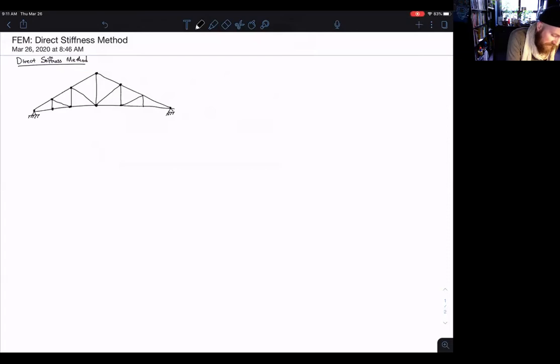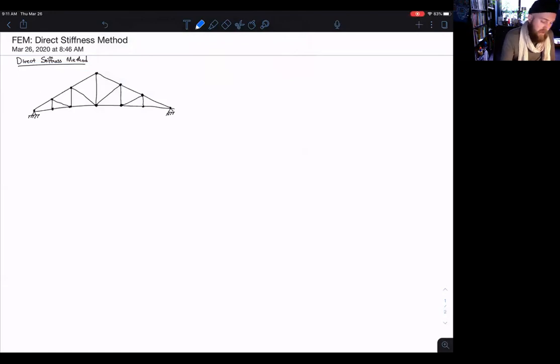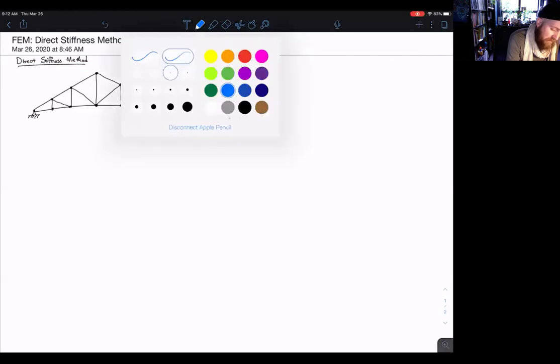And to translate this language I'm using in statics into something that you would see in typical direct stiffness method finite element language, this is a member, and a member is connected between two joints.